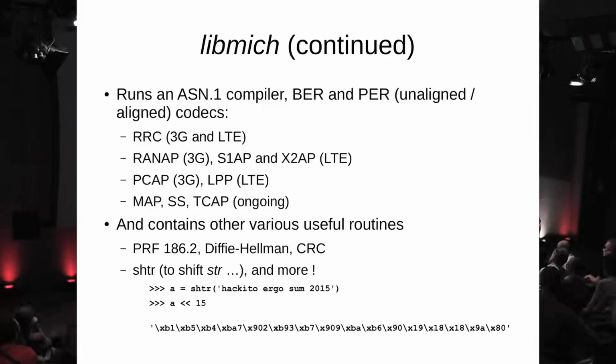Then you have other kinds of protocols like RANAP, S1AP, X2AP, which are used between base station and core network in mobile networks. You also have PCAP and LPP, which are protocols for localization management in mobile networks. And finally, there is some support for MAP, which is used between mobile core networks, between operators and so on.